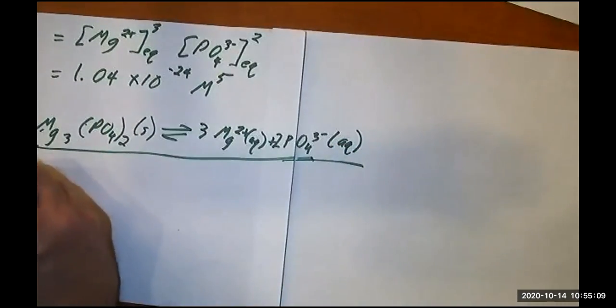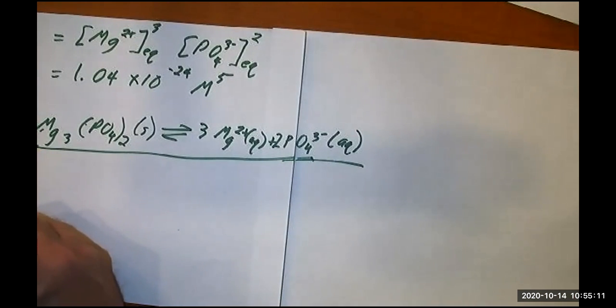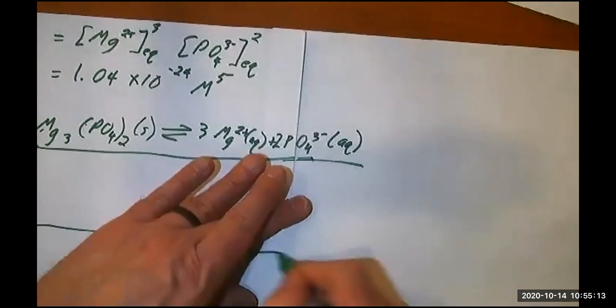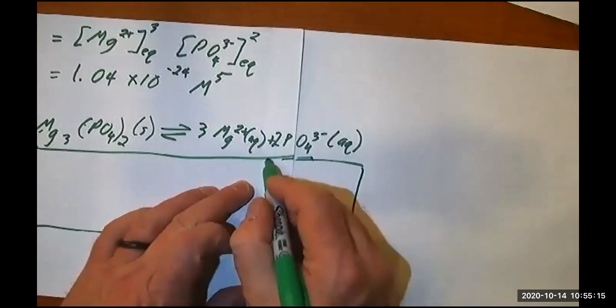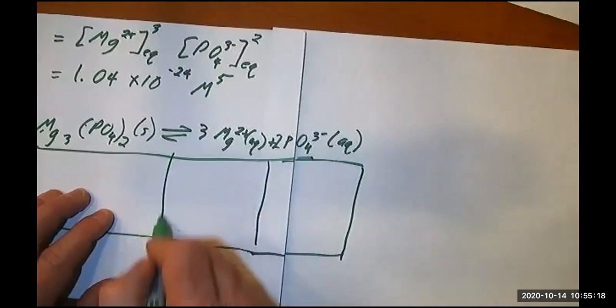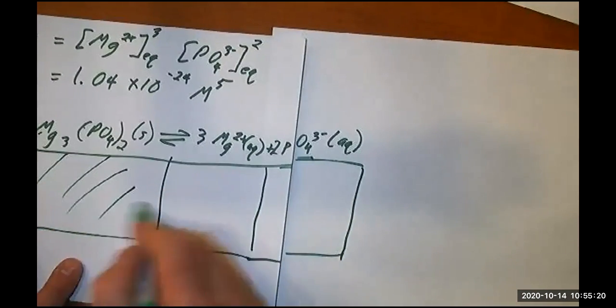We have our ICE table, initial, change, final. This doesn't matter over here.